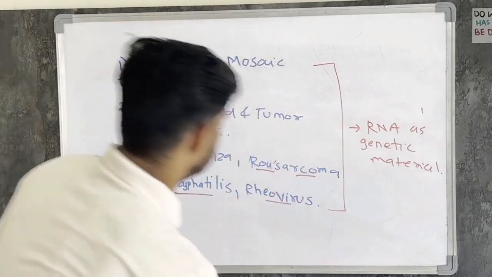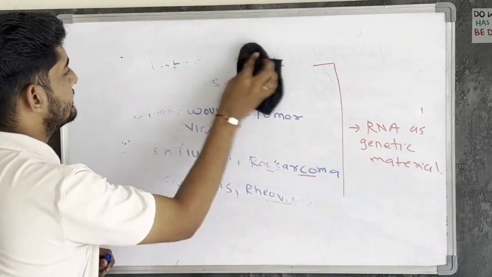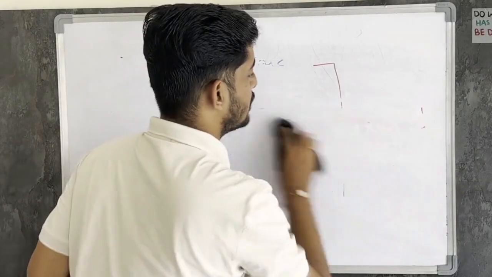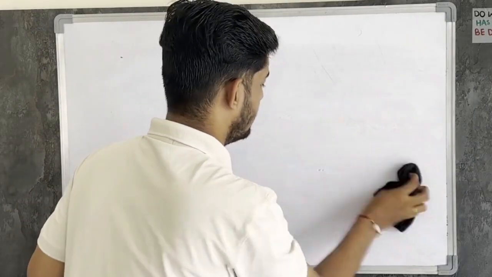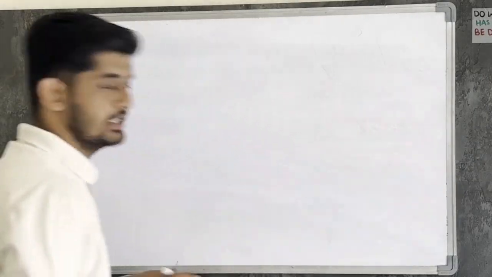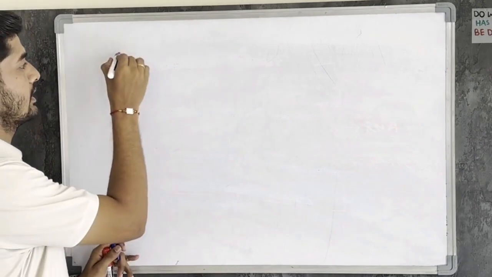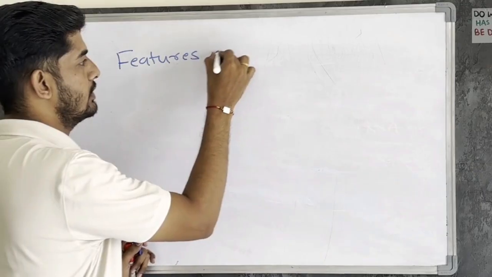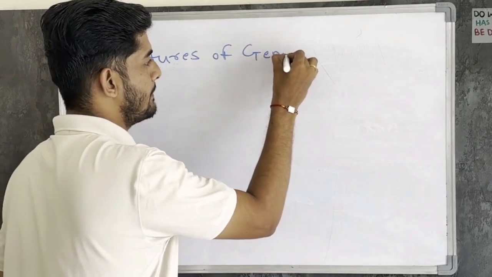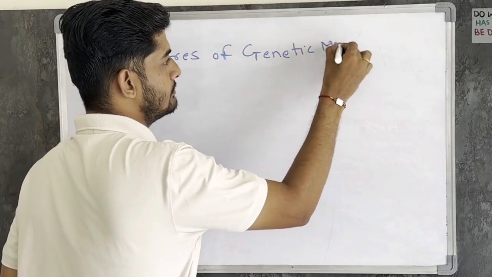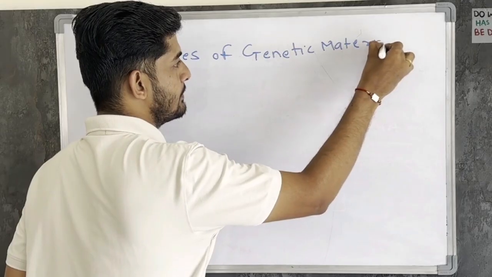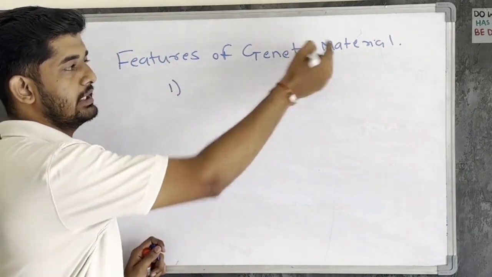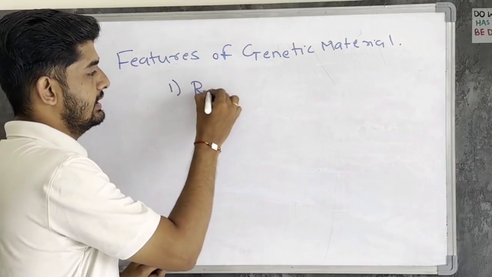Now, after seeing the organisms and their genetic material, we will see the properties, or the features, of the genetic material. Very first, the genetic material should be able to replicate itself.